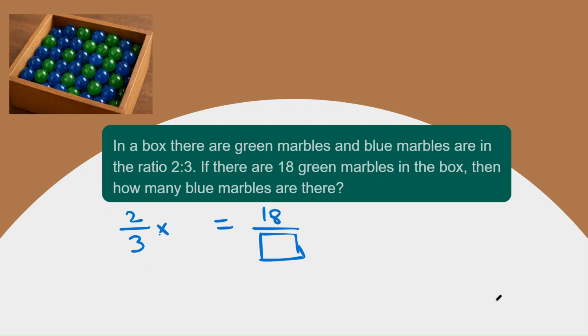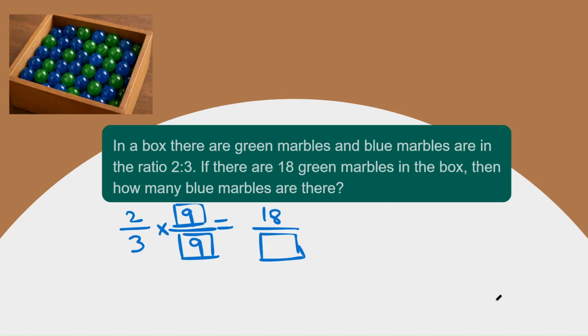Something they multiplied to make the numerator 18. If they multiply with the same number, the denominator also we will get. Which number might they have multiplied to get 18? 9. Correct, 2 nines are 18. When you multiply a number with the numerator, we have to multiply with the denominator also.